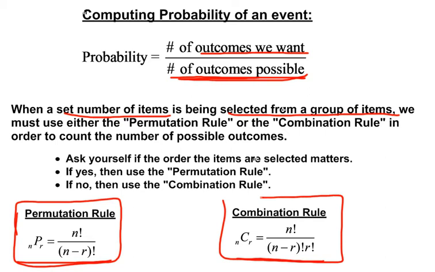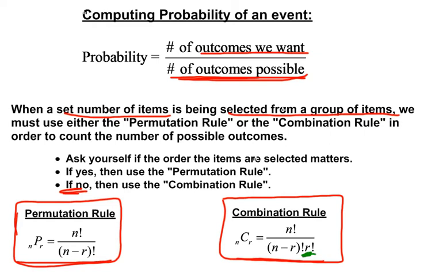and we'll also look at some examples where we use the combination rule. Well, the combination rule is for when the order does not matter. If we ask that question, does the order matter in which these items get picked, and we say no, then we're going to use the combination rule. And the only difference with the combination rule is that we get this one extra value that we have to divide by, and that's the number of items selected factorial.